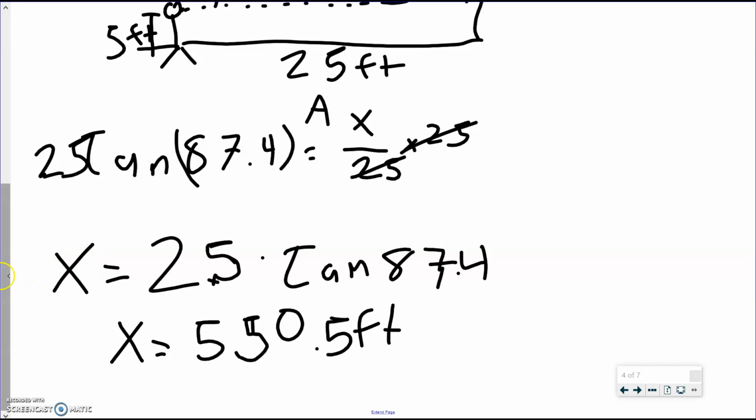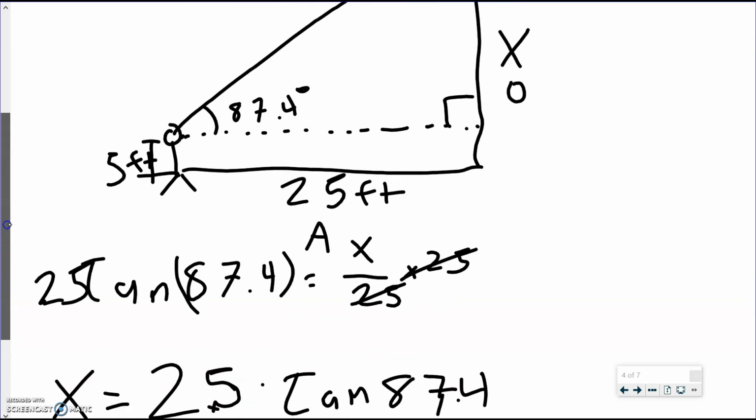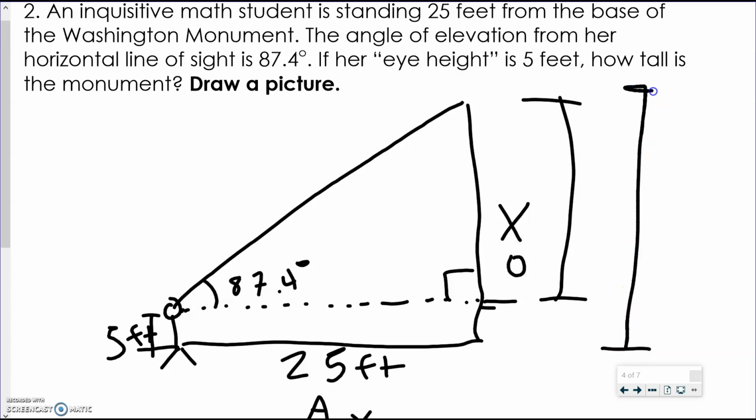Now, one thing you should notice is that that is not our final answer. Because again, if you look up here, solving for this x only solves for this height right here. This doesn't take into account the height from her eyes to the ground. And if it asks us how tall the monument is, we're trying to find the total height from the ground all the way to the top here.